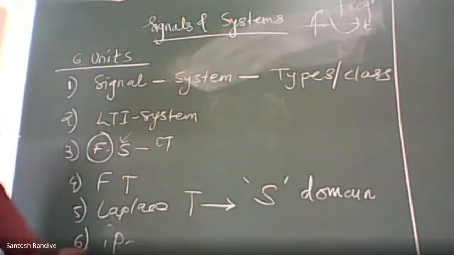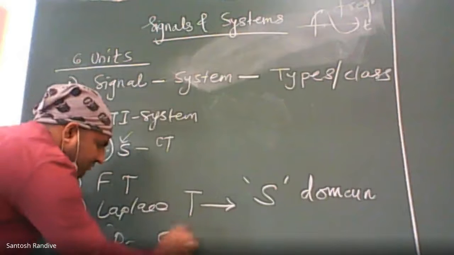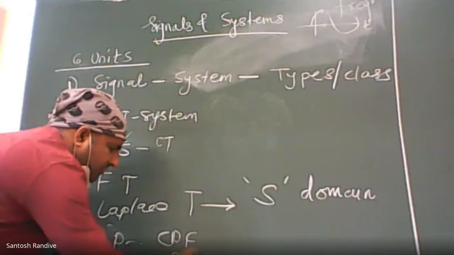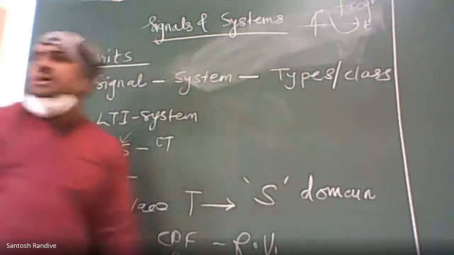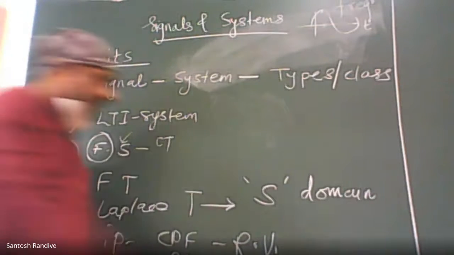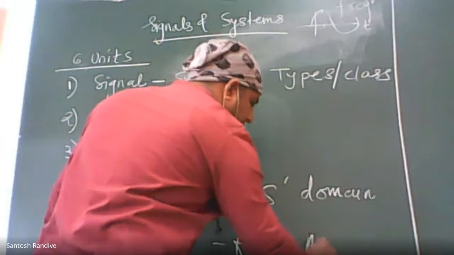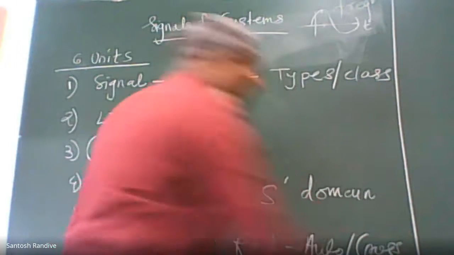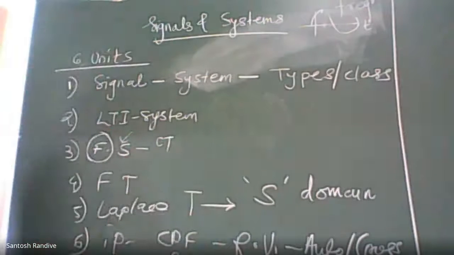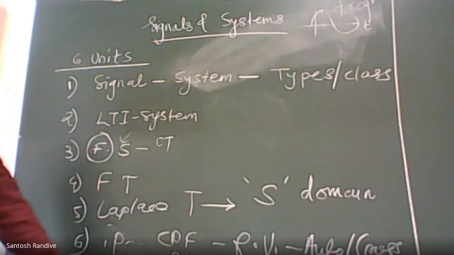So properties of CDF and PDF. Then random variables, and then autocorrelation and cross correlation. So these basic concepts of probability, random variables, we have to see in unit number 6. So this is designed as per units 1 to 6. So this we have to study.